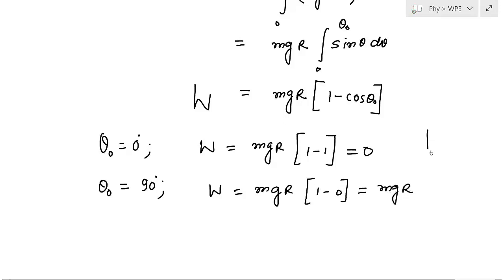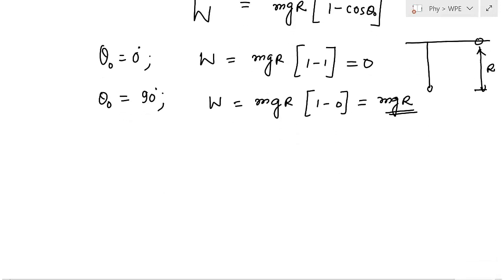So you see, when theta is equal to 90 degrees, the initial situation is here and the final situation is here. So basically mgr is nothing but the increase in the potential energy. So the work done by the force is nothing but the change in potential energy, or the gain in potential energy. This is true for any theta, not only 0 degrees and 90 degrees. You can also prove it for any theta naught. For example, if you consider any theta naught, then this is r, and this will be r cos theta naught.